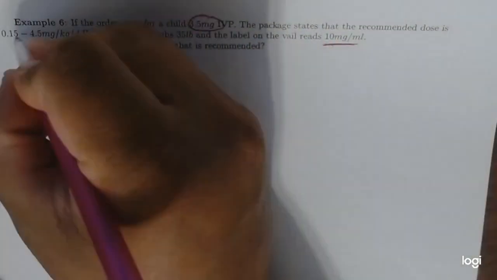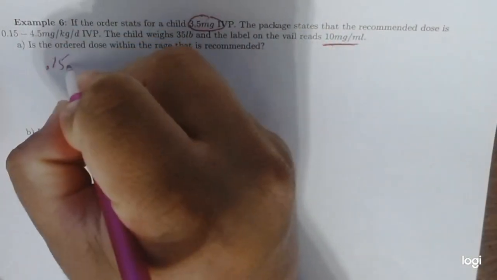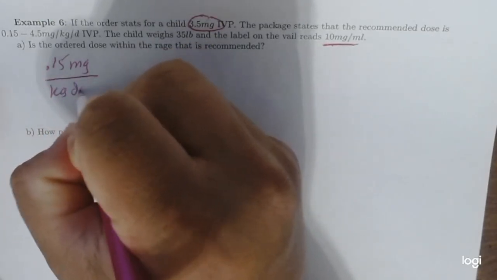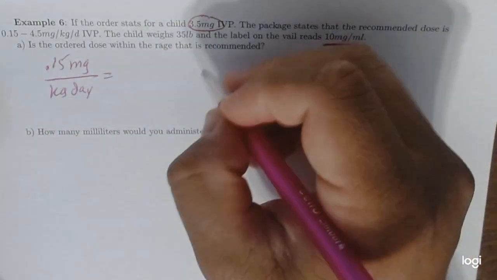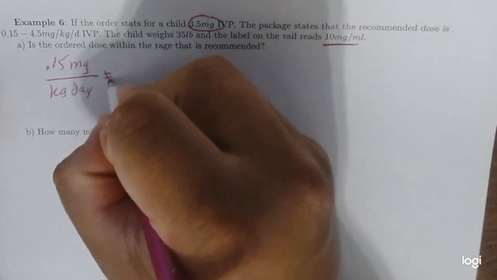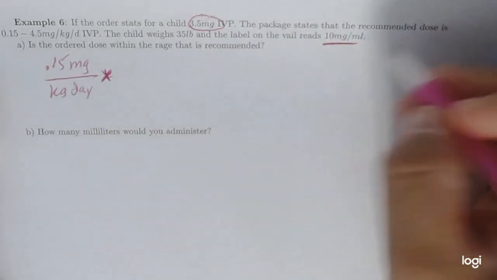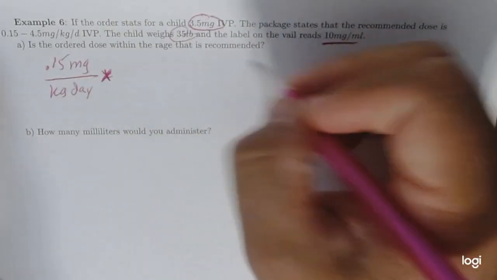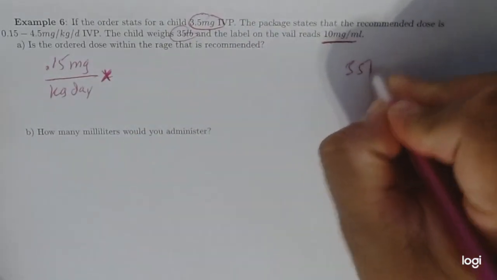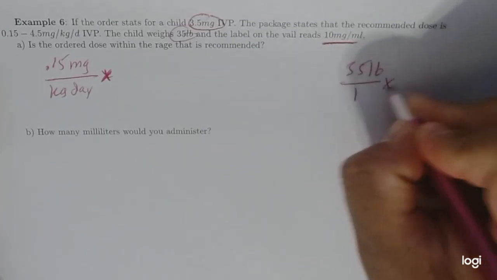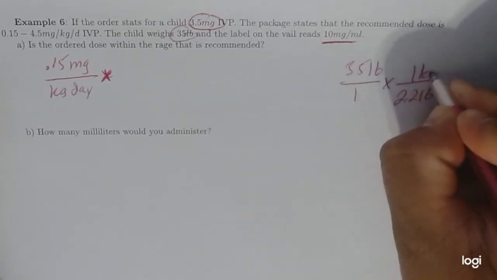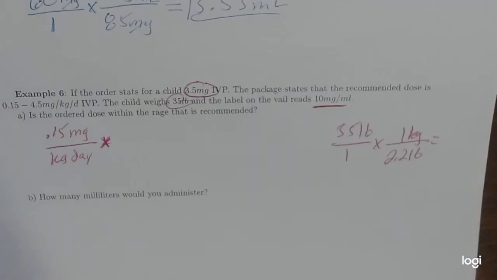We want to convert each one, so it's 0.15 milligrams per kilogram per day, and our goal is to convert this into just milligrams per day. So we multiply by the weight of the patient, which is 35 pounds. First I have to convert that into kilograms. There are 2.2 pounds for every 1 kilogram.